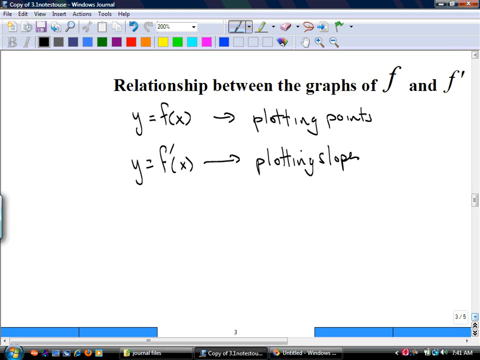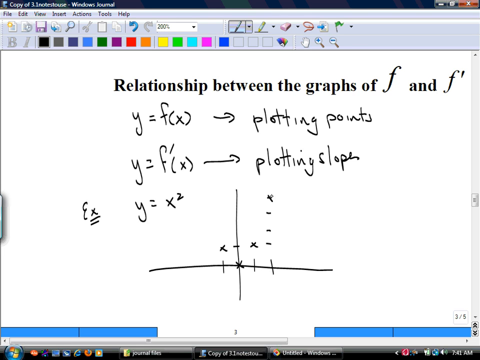I'm going to put a little picture here as an example. So if I graph y equals x squared, those are the points that satisfy the equation y equals x squared.